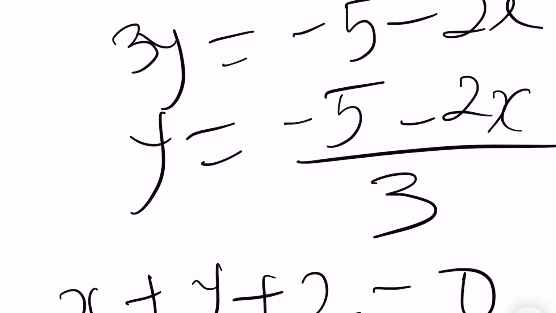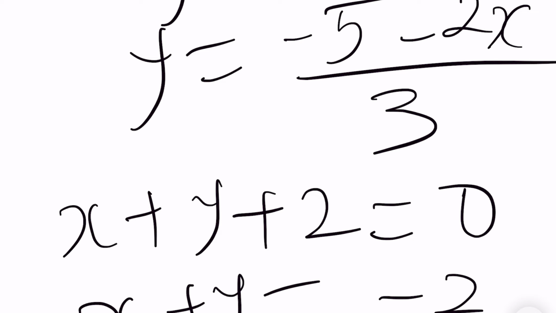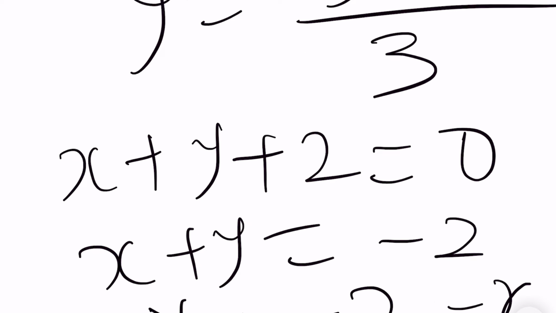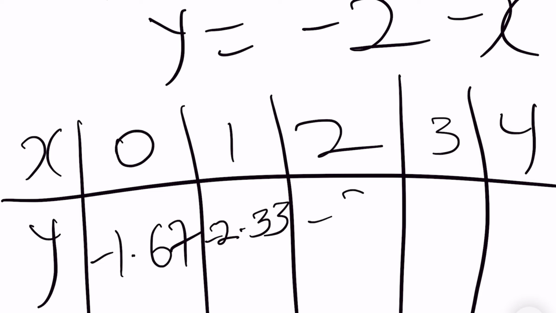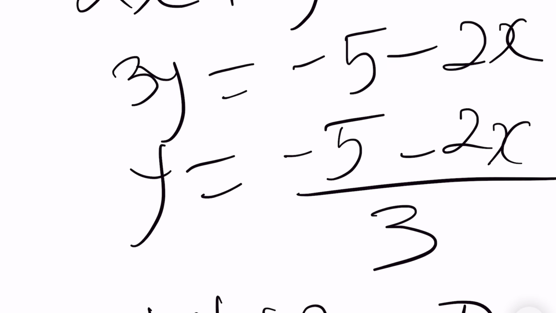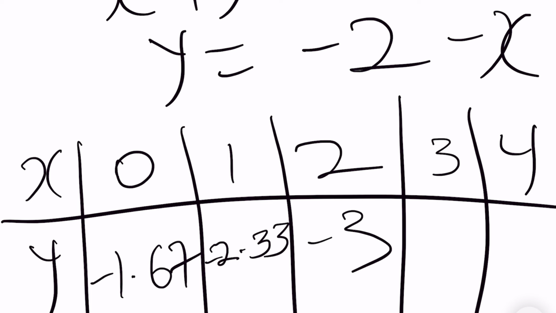For 2, we have 2 times 2, which is 4. So minus 5 minus 4 is minus 9. Minus 9 divided by 3 is minus 3. And where we have 3, 2 times 3 is 6. Minus 5 minus 6 is minus 11. Minus 11 divided by 3 is minus 3.67.